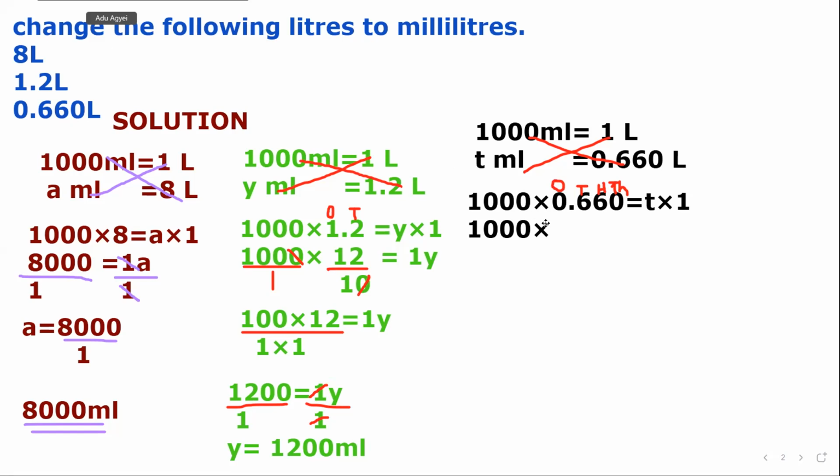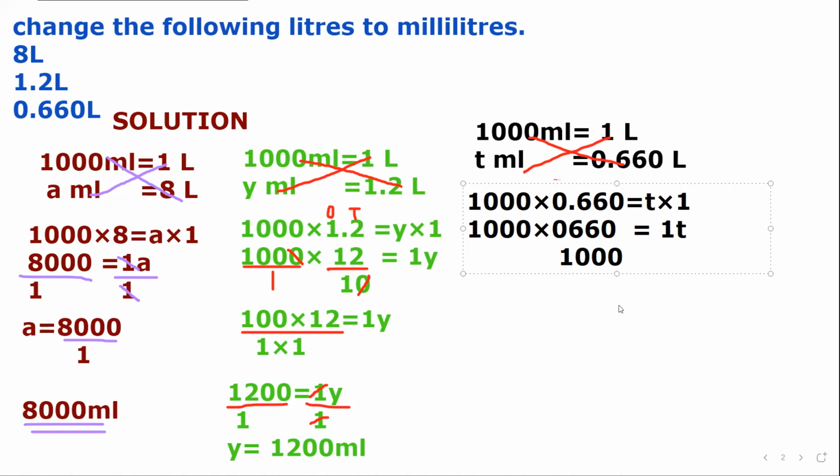Now, which means here is going to be 660 over 1000, so that the fraction will be out here for 1000, would then equal to 1t.